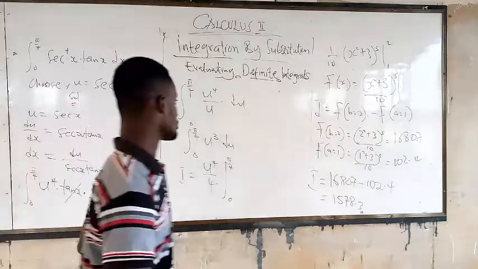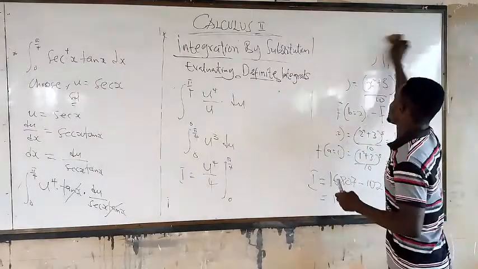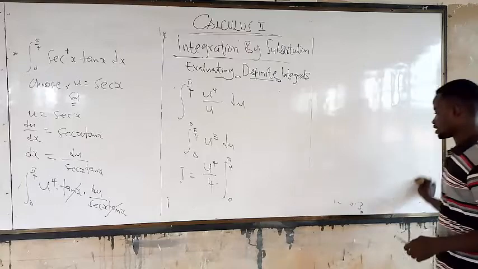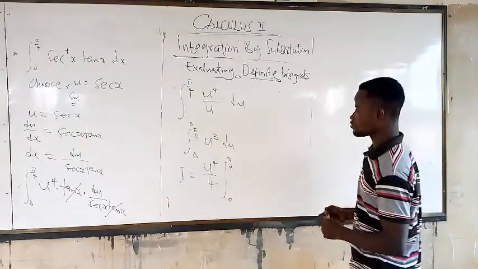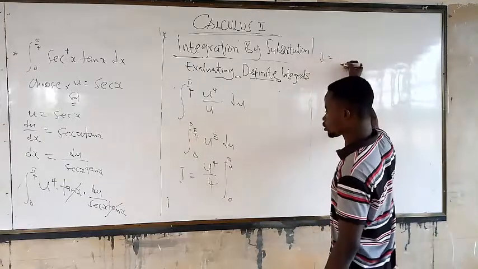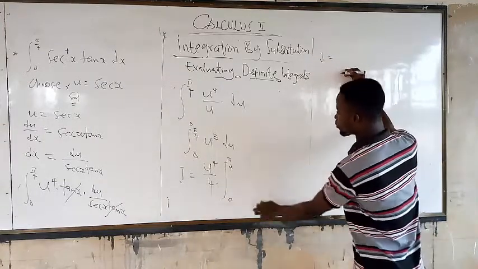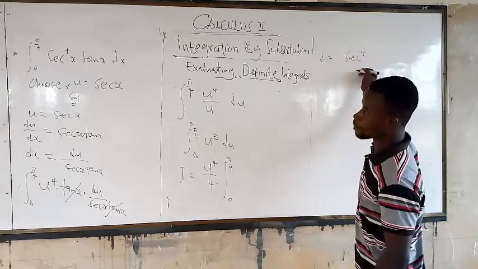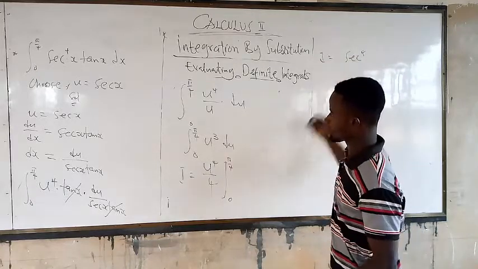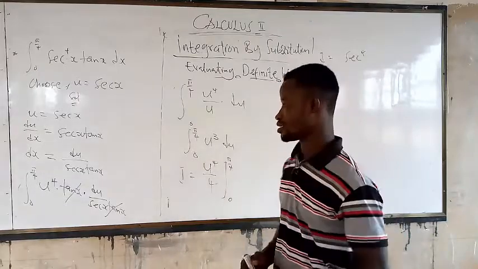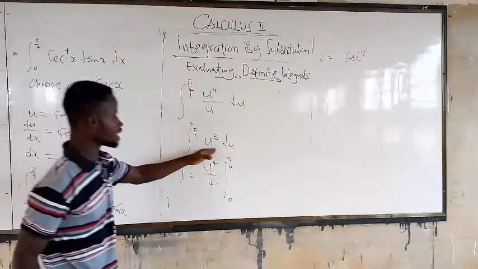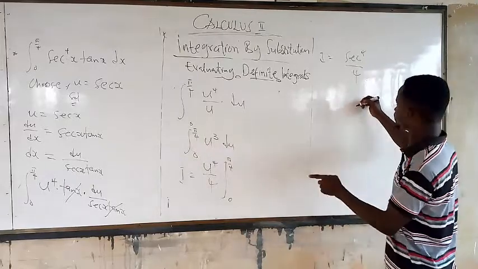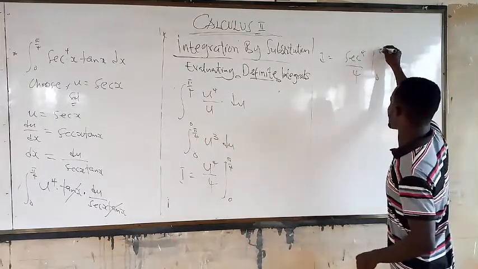Alright. But here, as I said, the upper bound and the lower bound, the moment you see that one there, it represents s values. So the integral is equal to upper bound minus lower bound. But replace u with sec, so it is sec to the power 4 over 4, from 0 to pi over 4.